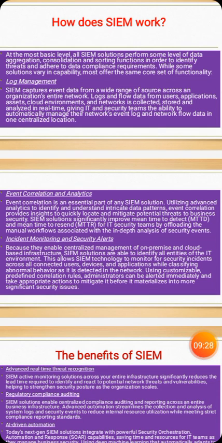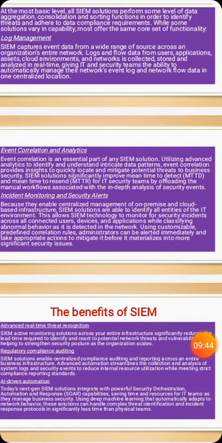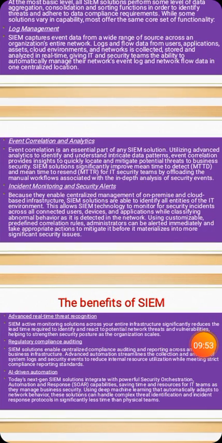So this allows the SIEM technology to monitor for security incidents across all connected users, devices, and applications while classifying abnormal behavior as it is detected in the network. Using customizable predefined correlation rules, administrators can be alerted immediately and take appropriate actions to mitigate it before it materializes into more significant security issues.